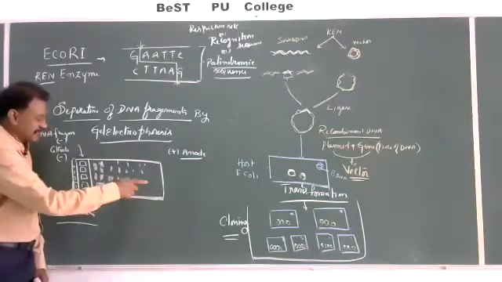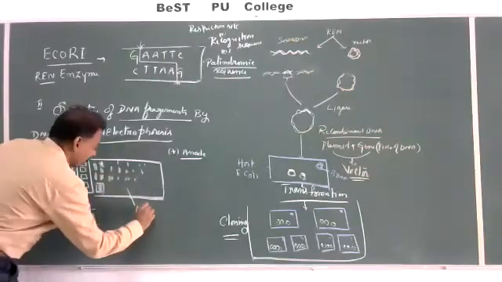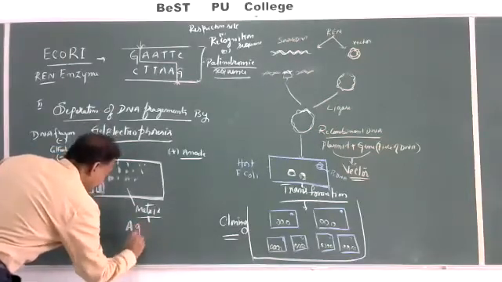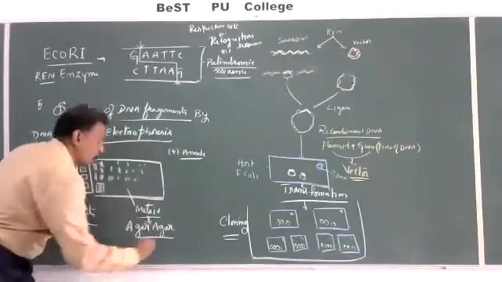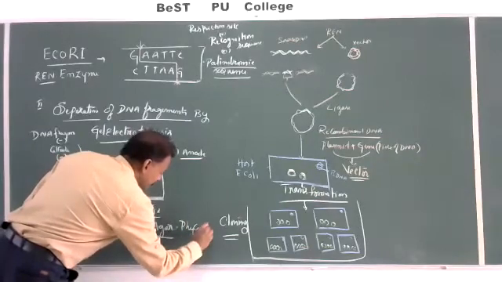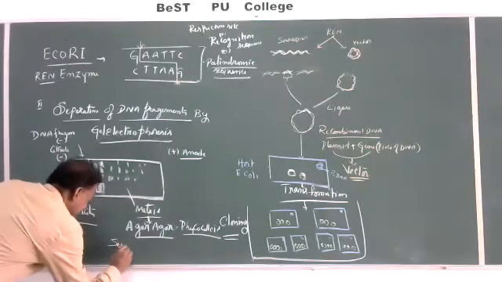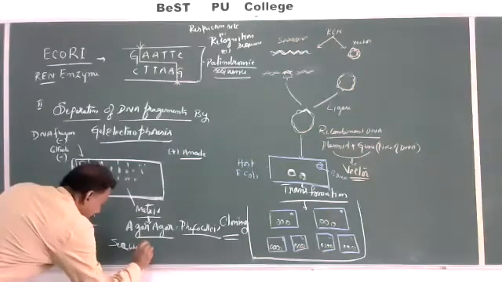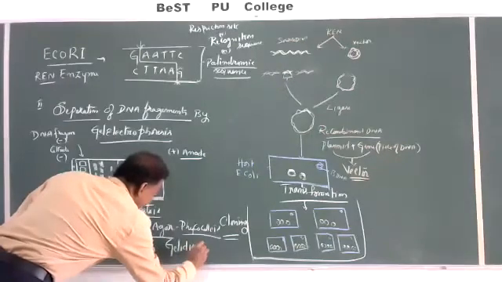When scientists observed the matrix present in this electrophoretic plate, the matrix is made up of agarose gel, agar-agar. Agar-agar is a colloid, phycocolloid. It was extracted from seaweed, Gelidium and Gracilaria.